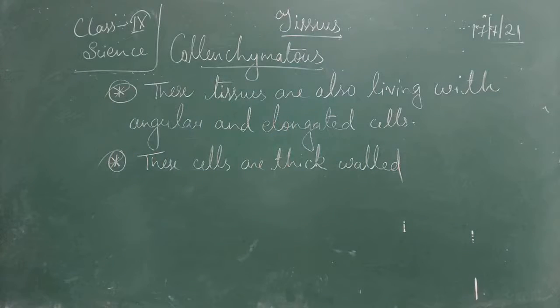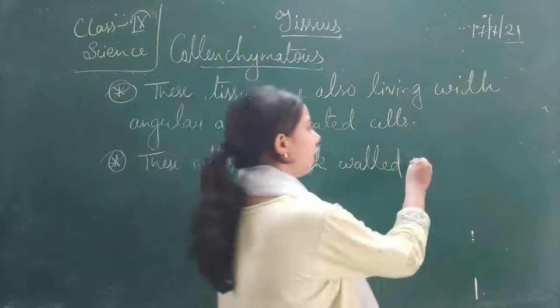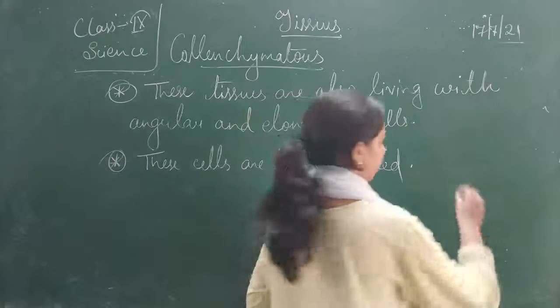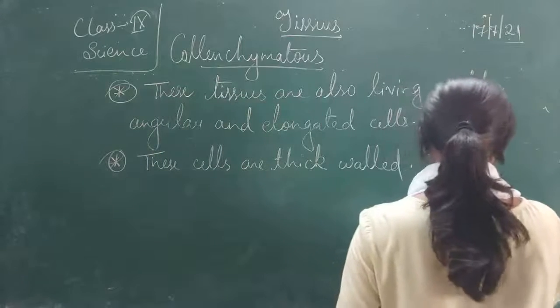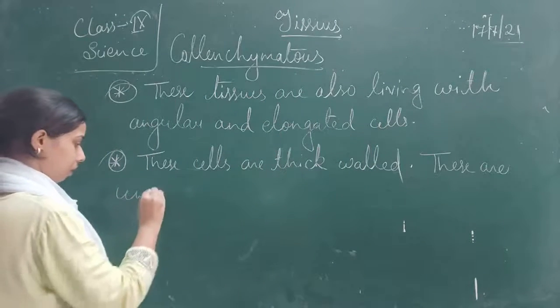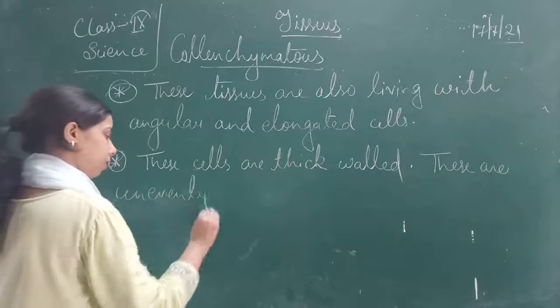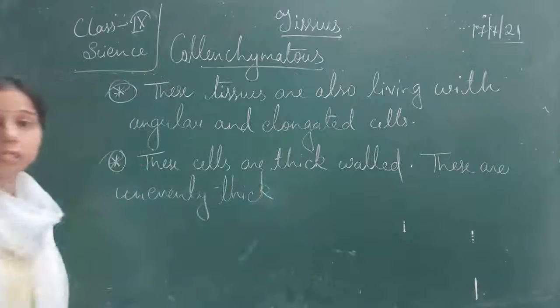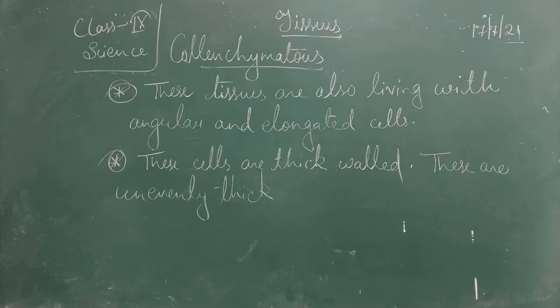These cells are thick walled, and the thickness is actually uneven. So we can say that these are unevenly thick.